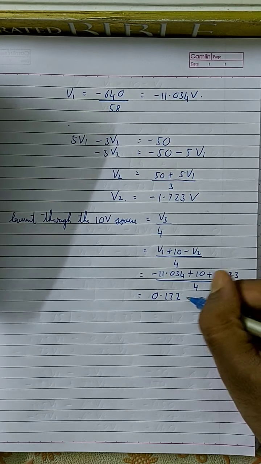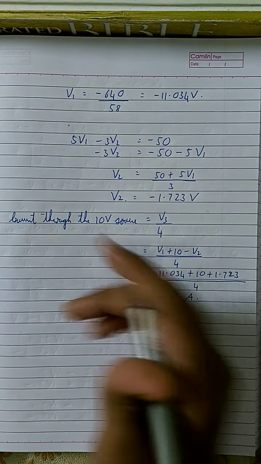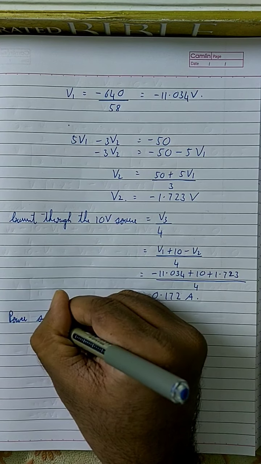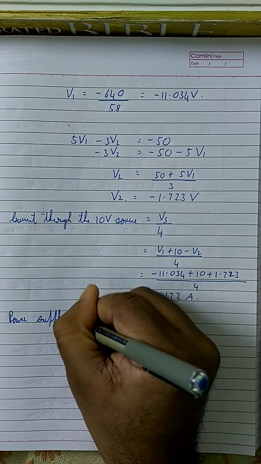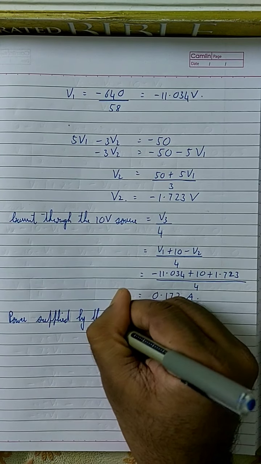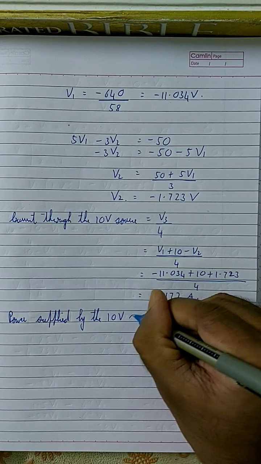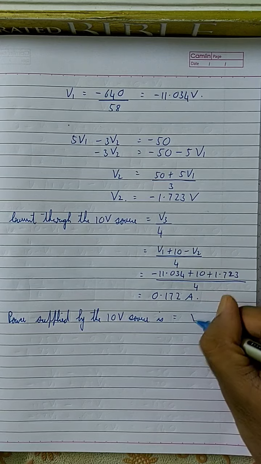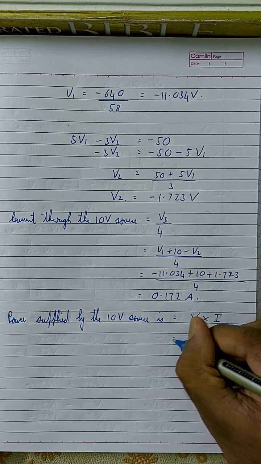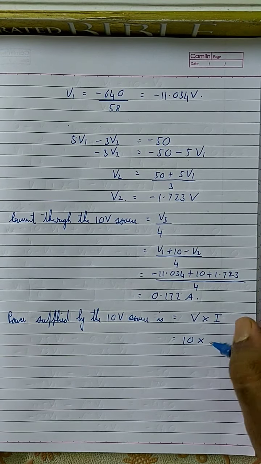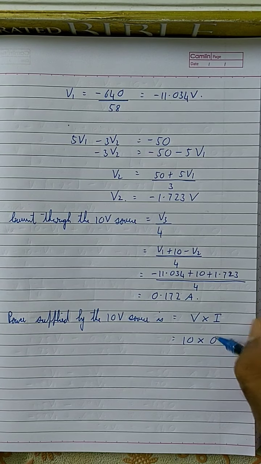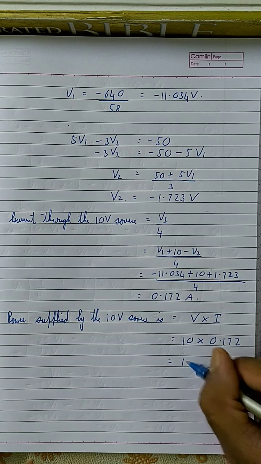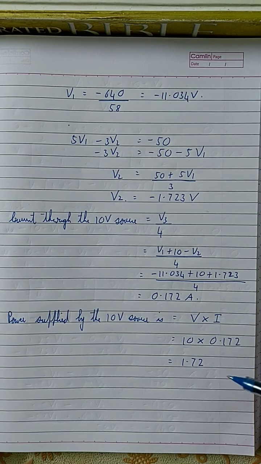So this is equal to 0.172 amperes, which means now I can tell you the power. The power supplied by the 10 volt source is equal to V into I, which is 10 into 0.172, which is basically 1.72 watts.